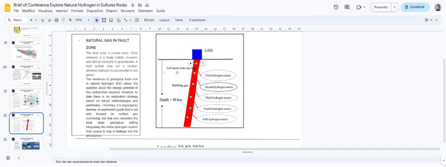So there is a scheme of how natural hydrogen works in a long fault.